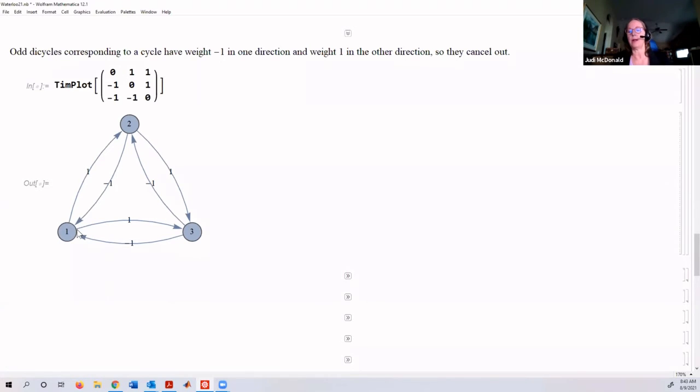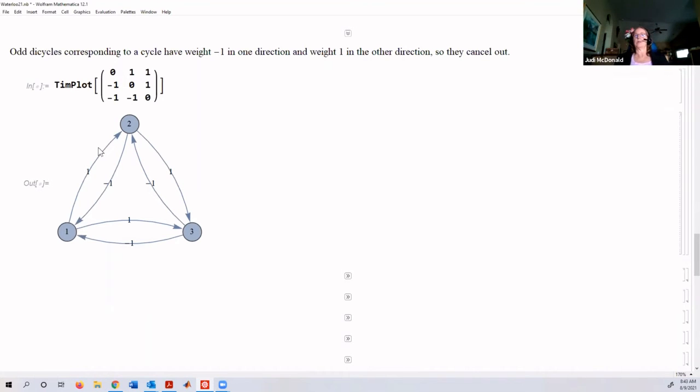And when you think about what happens in Harary-Sachs, this cycle has 2 dicycles, one positive, one negative. So every time this cycle shows up in Harary-Sachs, it's going to cancel itself out, because the forward dicycle is going to get added with whatever else it's going with, and the backwards dicycle with exactly the same things added.